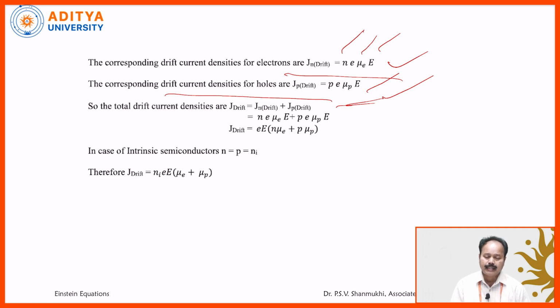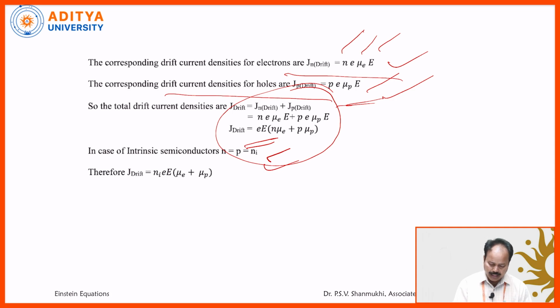Suppose in a semiconductor the current is due to both electrons and holes, say in an intrinsic semiconductor. The total current density can be written as J drift is equal to Jn drift plus Jp drift, that is N e mu e into E plus P e mu h into E, or else we can write e into E taken out, N mu e plus P mu h. Generally in the case of an intrinsic semiconductor, at any temperature other than 0 Kelvin, the number of electrons is equal to the number of holes, N is equal to P is equal to ni, that is called the intrinsic carrier density.